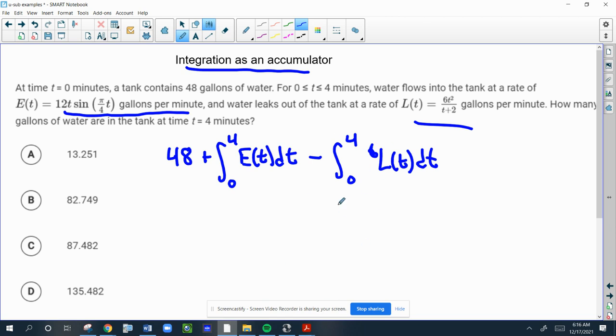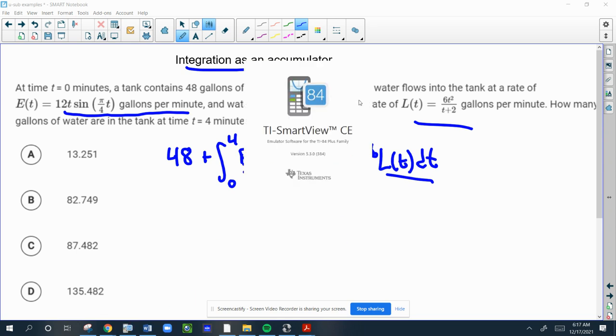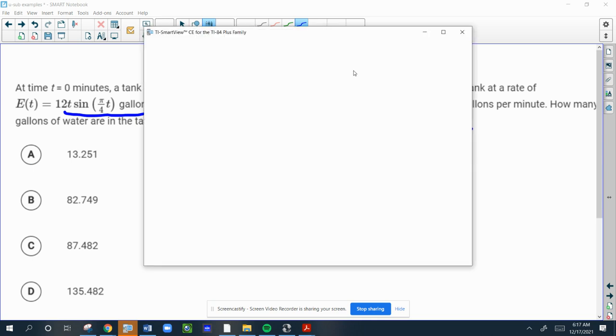Since the limits of integration are the same, you can just type this minus this and then integrate it from 0 to 4 to get the total amount. So that is what I'm going to do as soon as I open up this calculator. And hopefully when we do this, we will get one of those answers.